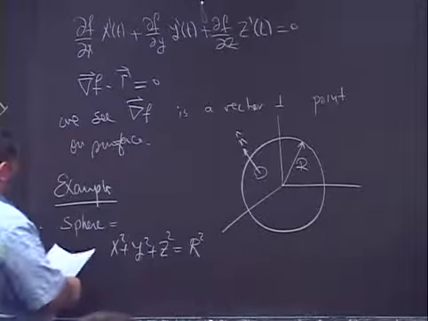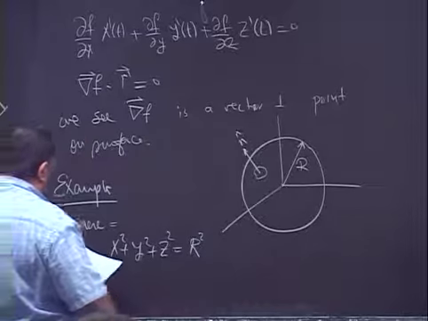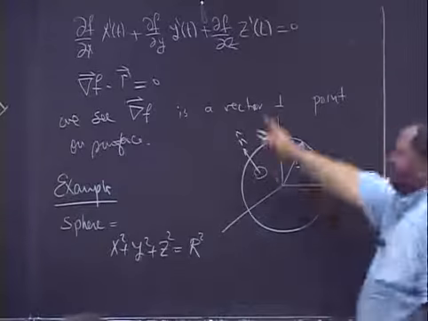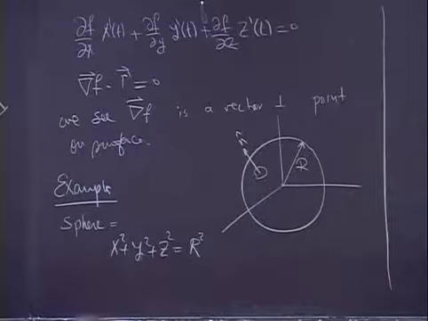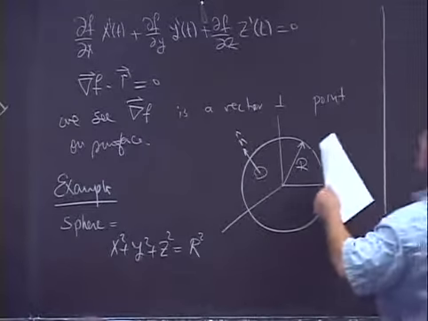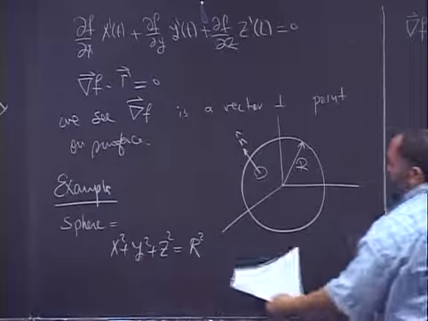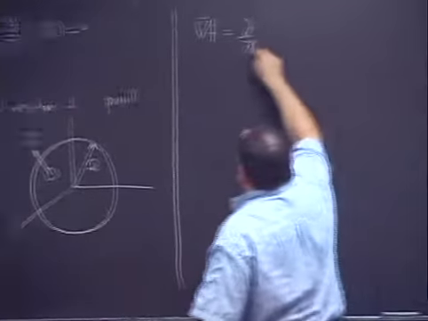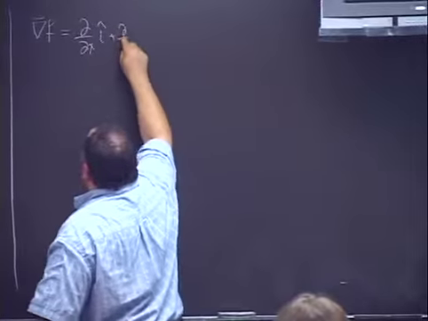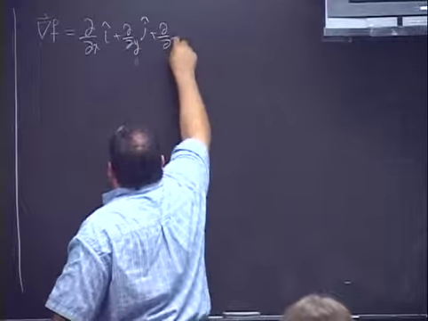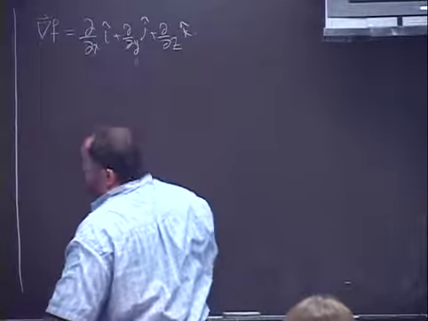0. So in this case, I can calculate the gradient, and the gradient will be what? Normal to the surface. We just described it right now here. So the gradient of f will be just to differentiate this with respect to what? It is d by dx in the i plus d by dy in the j plus d by dz in the k direction.